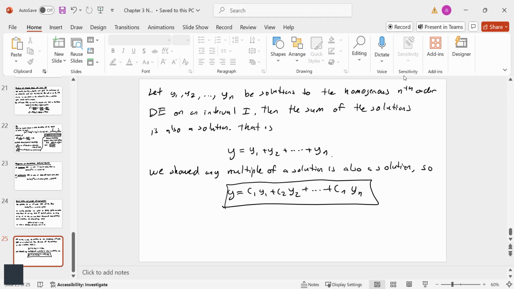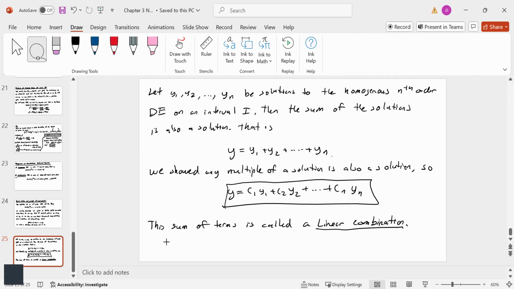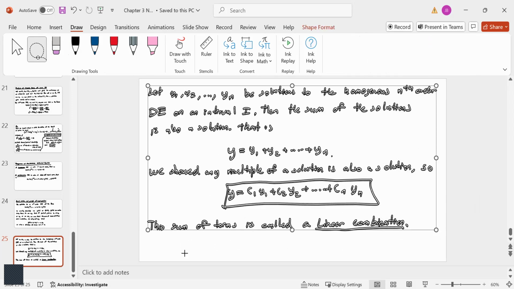We're going to call this summation a linear combination. And so all of your answers are of this form. And if you think back to 3.1, it was just C1 e to the r1 t plus C2 e to the r2 t, right? So this is just saying it works for any size. And that's the principle of superposition.